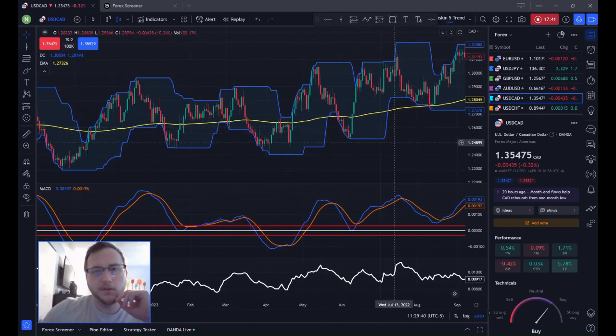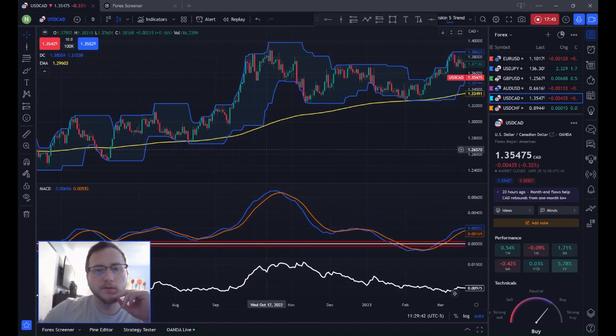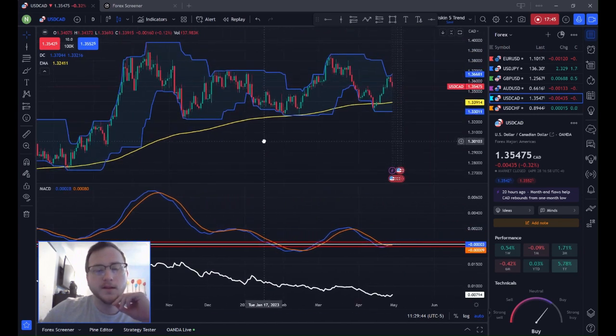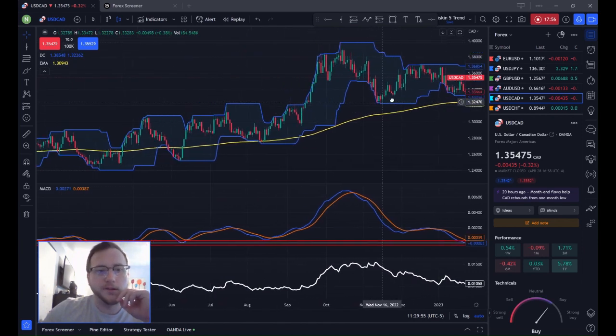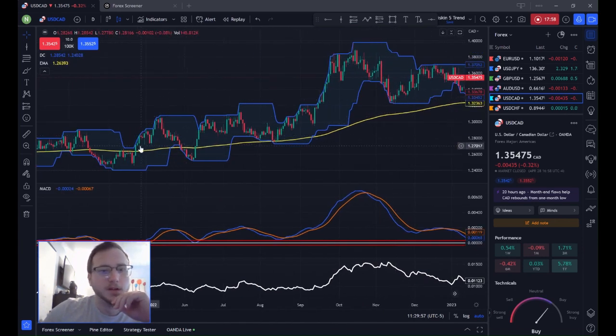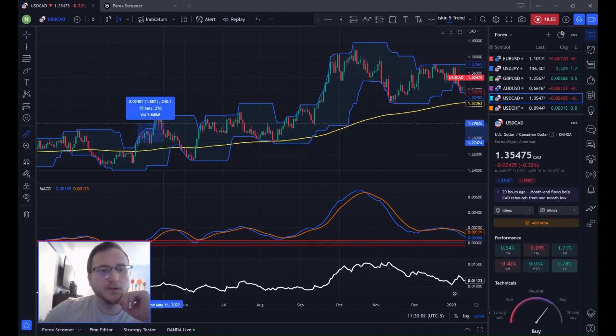But I think I'm going to try this strategy going forward. It's a little bit less intensive. I will say a disclaimer: you do have to have a stomach for it. Unless you want to get stopped out and freak out, you're going to need a stomach. Because there are times where, if you're holding out, you might have some losses.